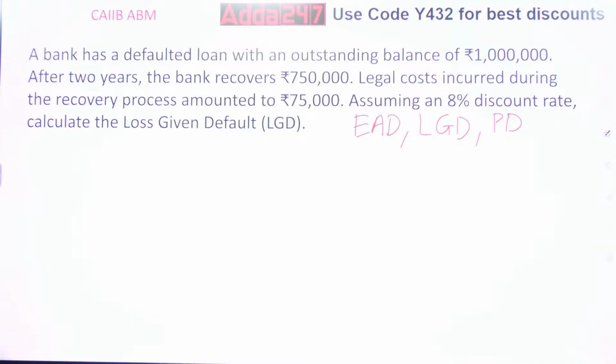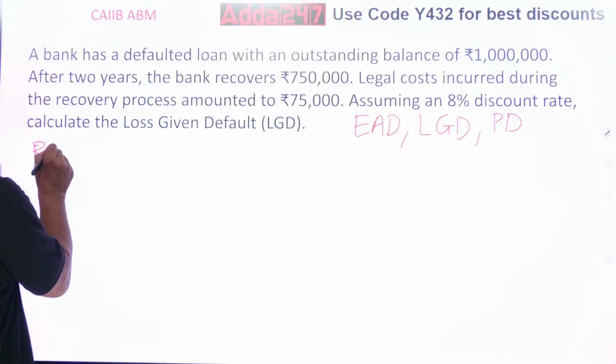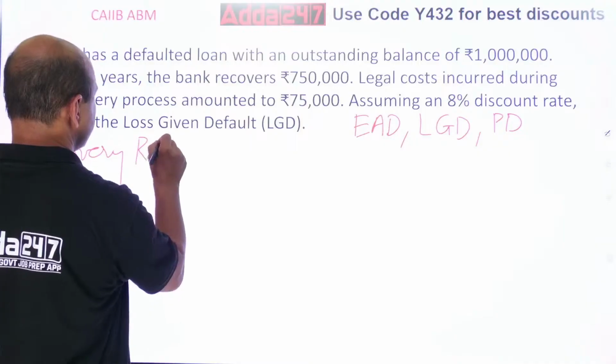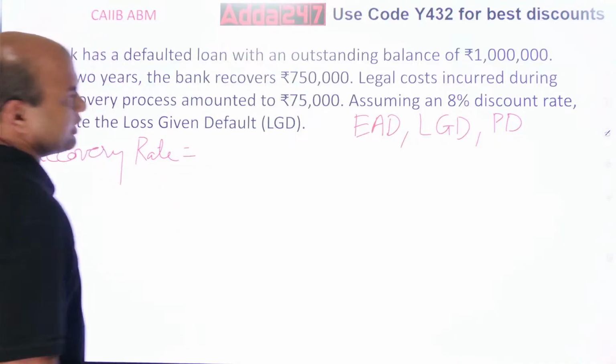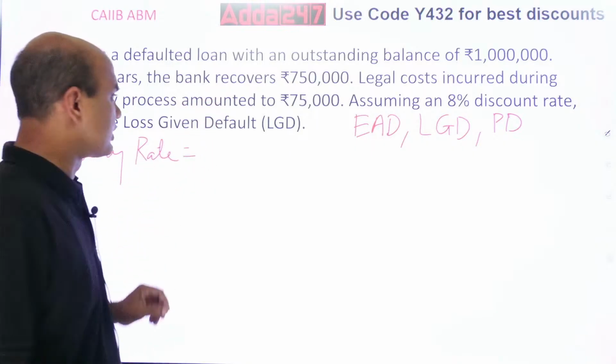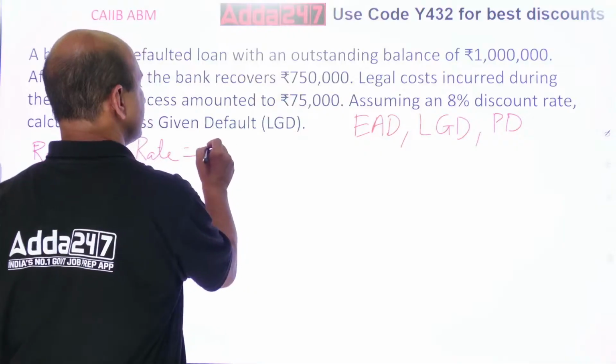First find out the recovery rate. For that, you need to first find out the total recovery which you have made. So it is basically the present value, using the discounting factor.